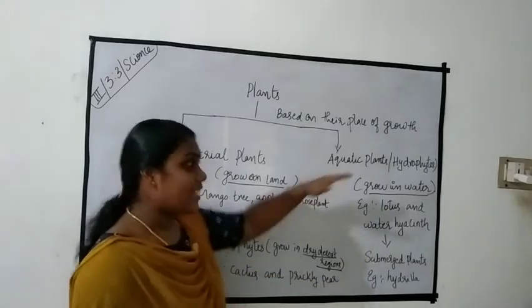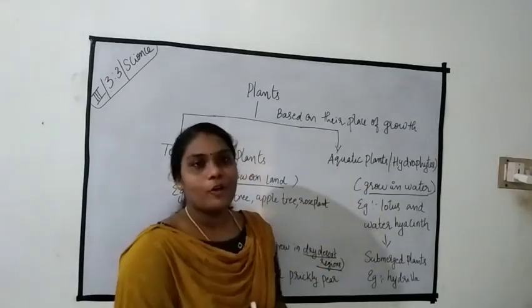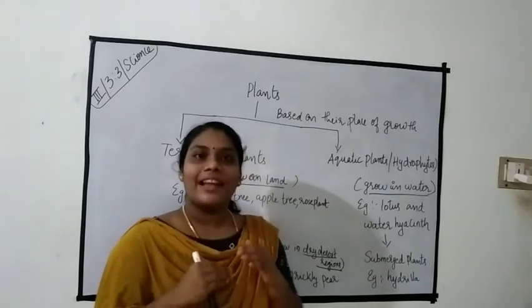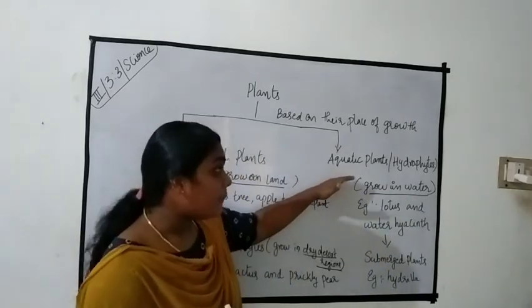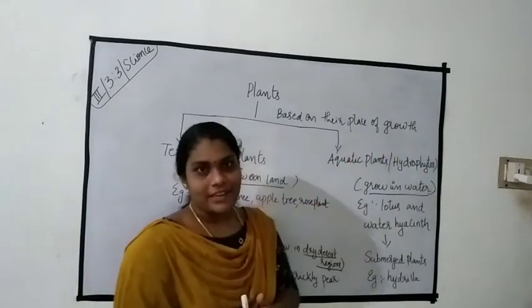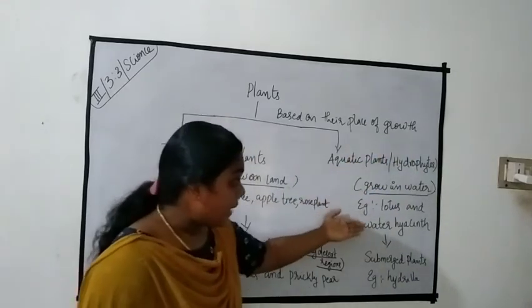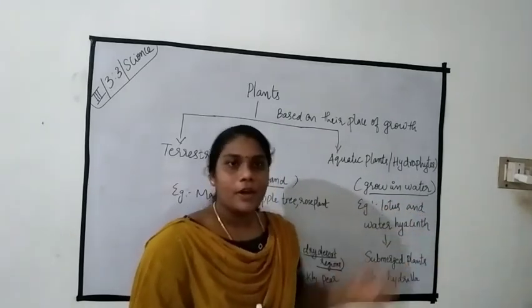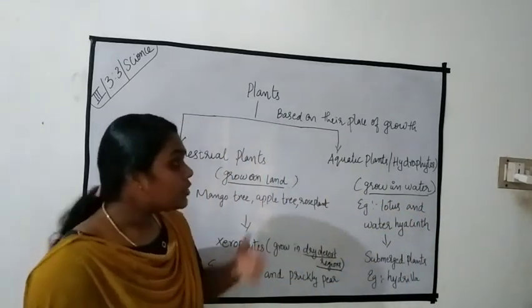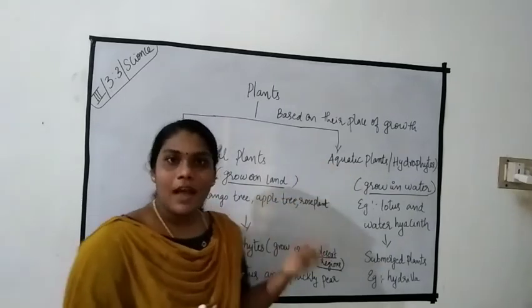Aquatic plants or hydrophytes means plants that grow in water. Examples are lotus and water hyacinth. These are the examples for aquatic plants or hydrophytes.